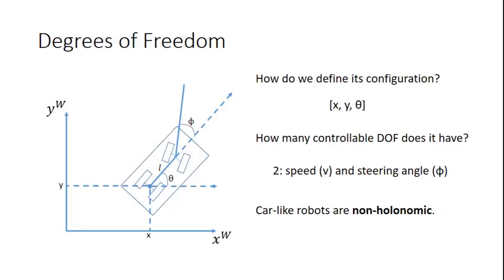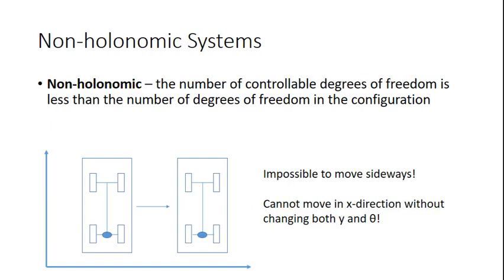So let's go back one slide. We have 3 values in the configuration, but we only have 2 controllable degrees of freedom. That seems kind of arbitrary, and it kind of is, but the way that it manifests itself in our system is that we're going to be subject to some kind of motion constraints.